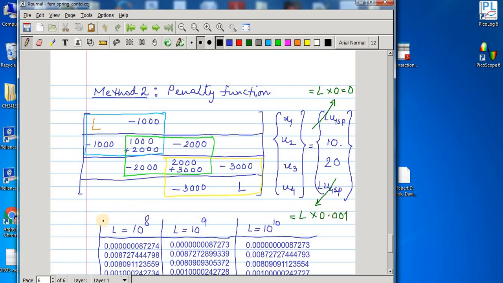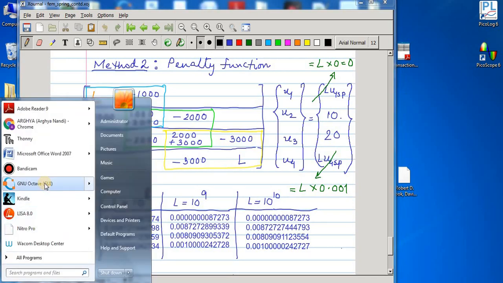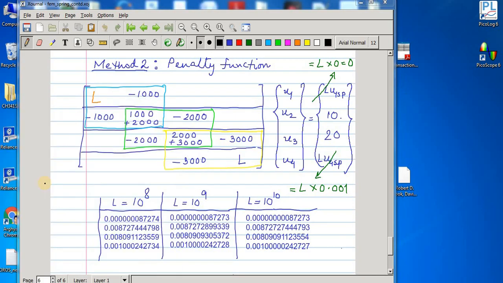Now suppose L is 10 to the power 8, then here you have to put 10 to the power 5 and here 0, and you solve this 4 by 4 equations and get the results. So we'll just show this thing to you using Octave. So let me open Octave. It will take a little bit of time. It will open.